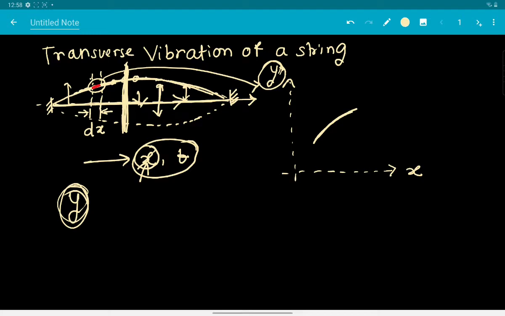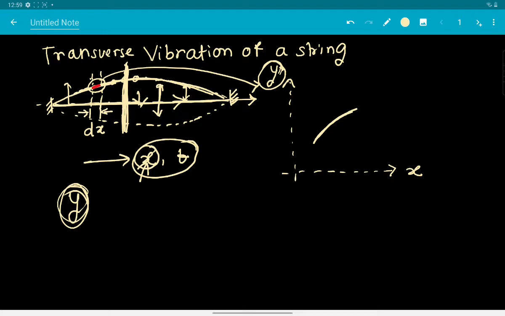So you get to see change in y along two domains or two directions. One direction is the space dimension, which is x, and the other is the time dimension, which is t. So y is changing with respect to x as well as with respect to t, which essentially means that y is going to be a function of two variables, x and t.